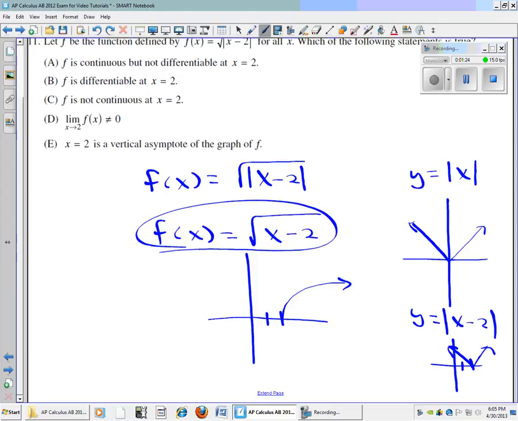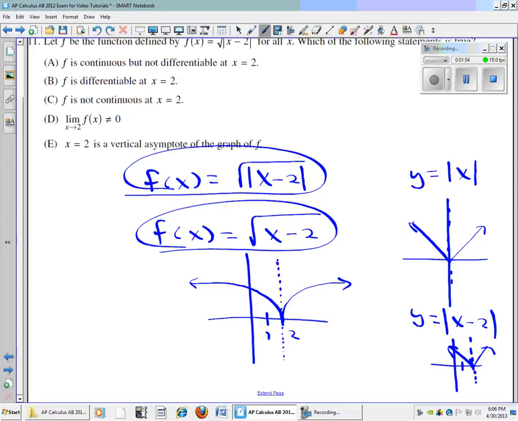But I'm noticing I get this reflection over that line. And the same thing is going to be true here. I'm going to have a line at x equals 2 that I'm going to be able to reflect that function on this left-hand side. And that's what my graph's going to look like for the square root of the absolute value of x minus 2.